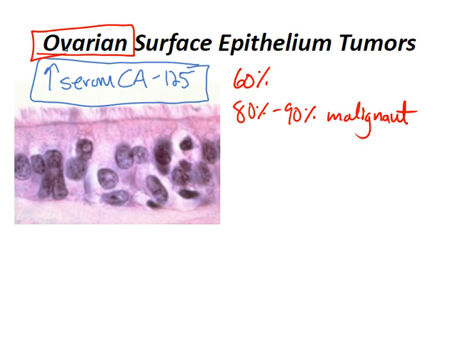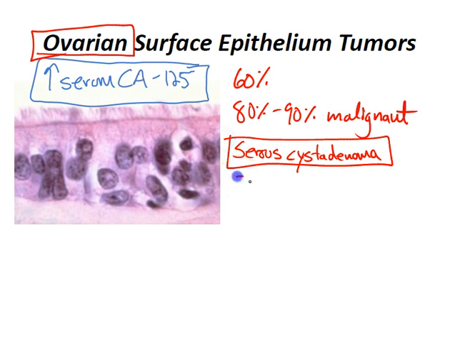So, what is the most common benign ovarian tumor? That's called a serous cystadenoma. That is the most common benign ovarian tumor.